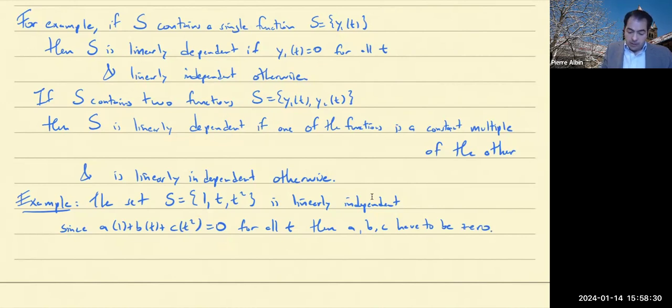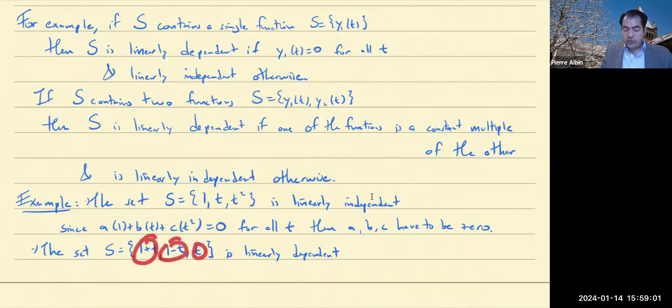On the other hand, the set S that has, say, 1 plus t, 1 minus t, and t is linearly dependent. Notice that no one of these functions is a multiple of another one.